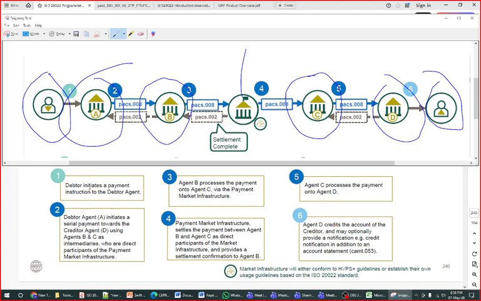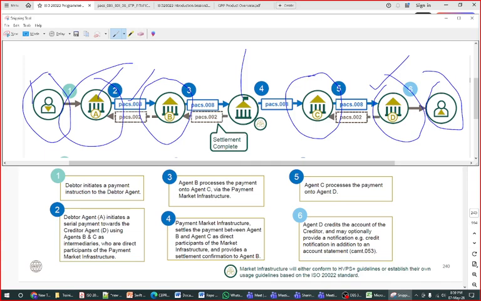So the debtor initiates the payment instruction to the debtor agent. This is the debtor and this is the debtor agent, number 2. So it initiates payment to a debtor agent. Pain.001 is initiated and in the bank it is converted into the Pacs8 message. The debtor agent initiates a serial payment towards the creditor agent D, using the agents B and C. So who are the intermediary agents here?